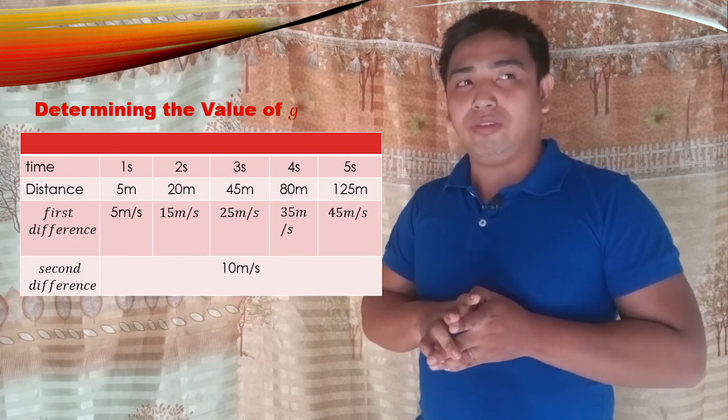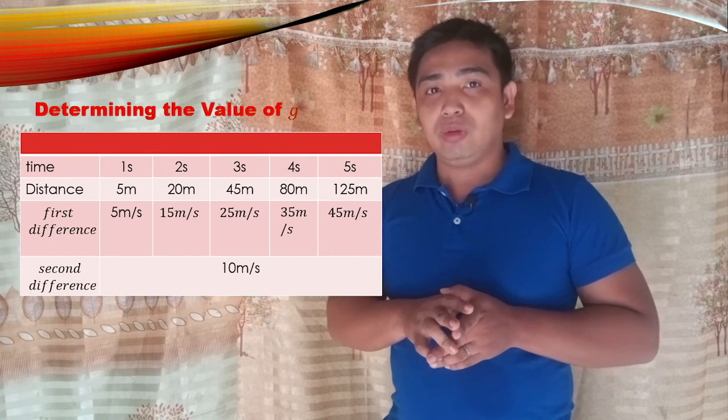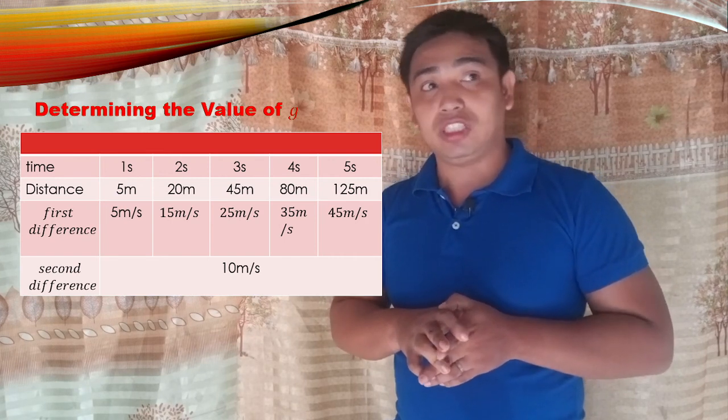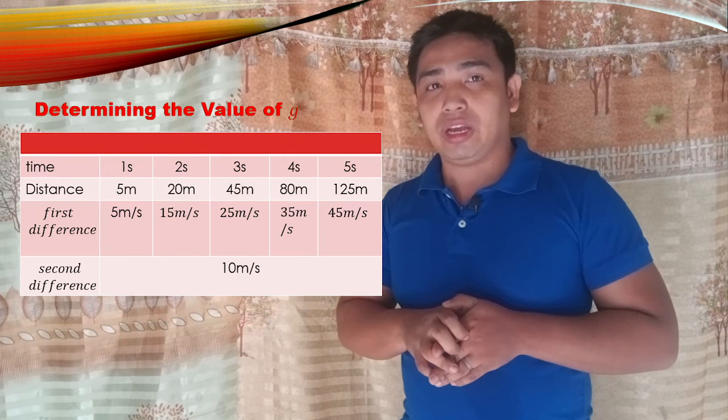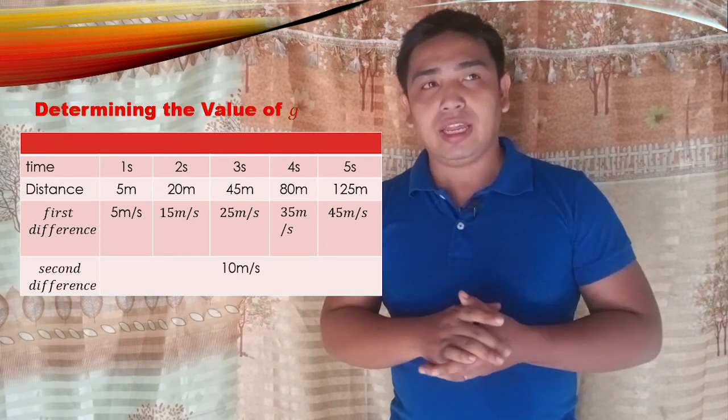So here we have found out that there is a particular constant which is equivalent to, or nearly equivalent to, 10 meters per second squared. So we're gonna do a little bit of mathematical analysis again to formulate the exact equation using the quadratic equation.